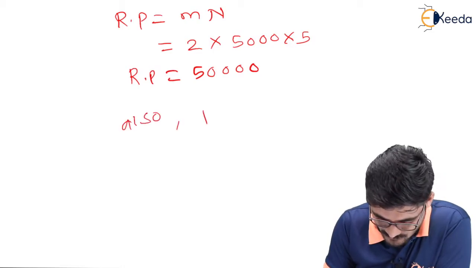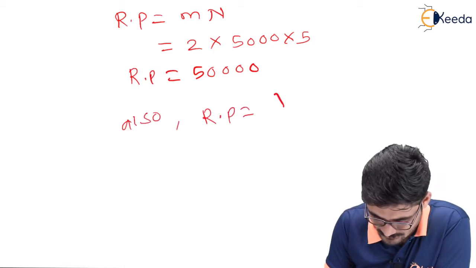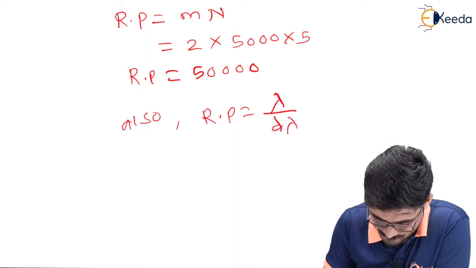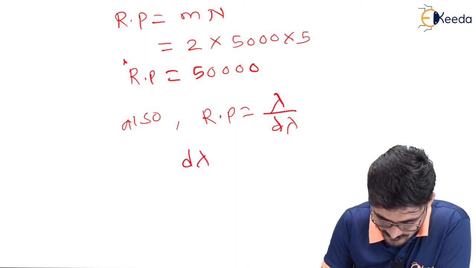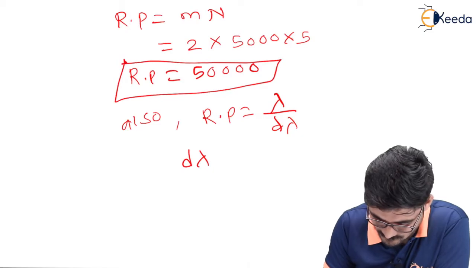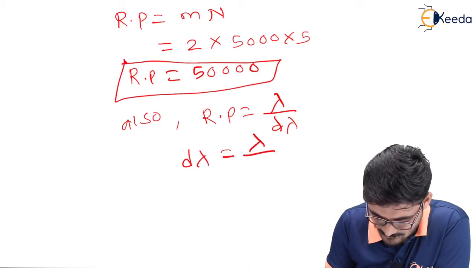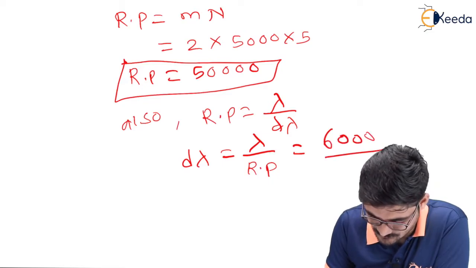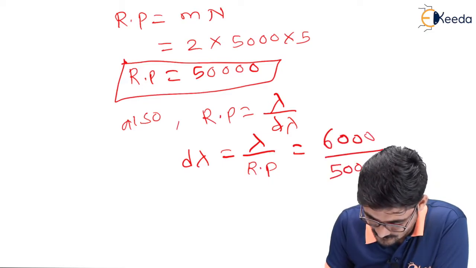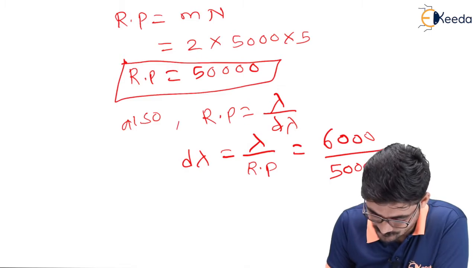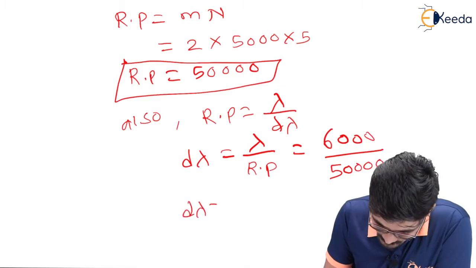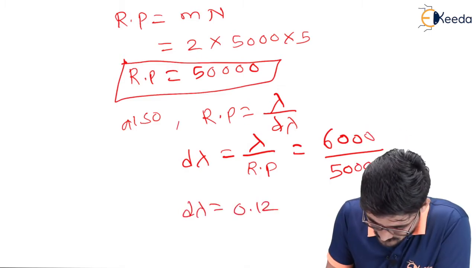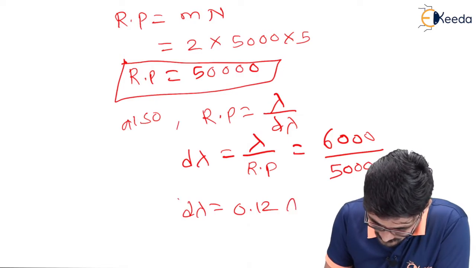Also resolving power is given by lambda upon d lambda. So you can find d lambda, that is the smallest wavelength for resolution, that would be lambda upon Rp. What is lambda? It was 6000. What is the resolving power? 50,000, right? And then calculate it. So the smallest wavelength that can be resolved is 0.12 Armstrong.